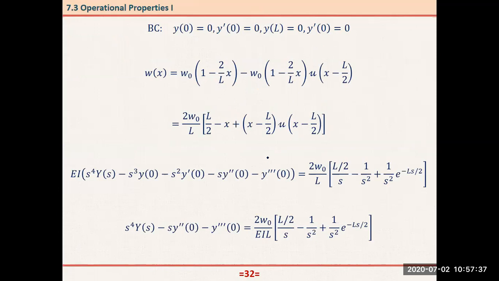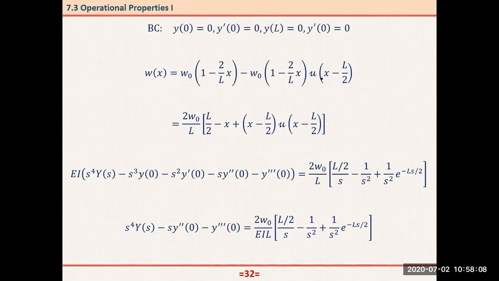Deflection at endpoints, right? At this point, at 0, it is just embedded to the wall, and here nothing is changing. It is 0. The other end is also equal to 0. So first step, we have to express this W using the unit step function. That piecewise defined function can be expressed in this way. As you see here, if X is less than L over 2, this thing is equal to 0, function equals this.